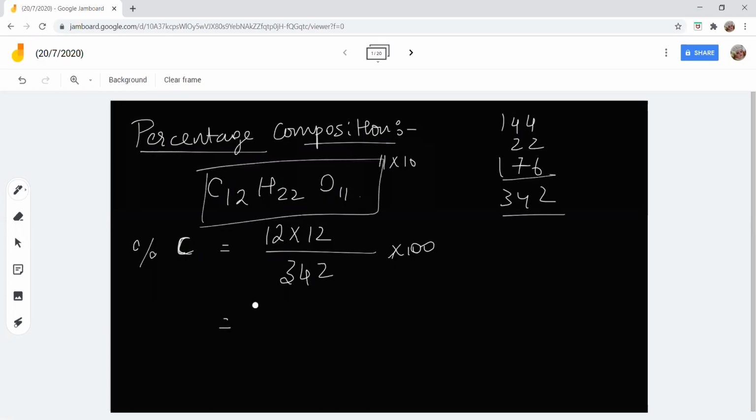So percentage of carbon is 144 divided by 342 into 100.